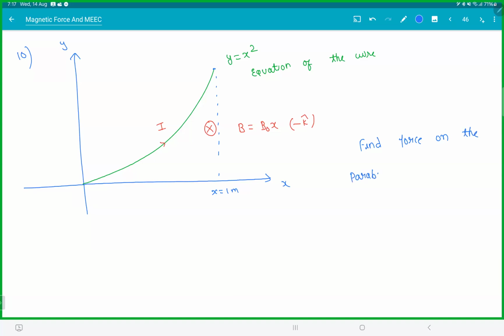Find the force on the parabolic wire from x is equal to 0 to x is equal to 1 meter. Let's get this. I'll give you 2 minutes.